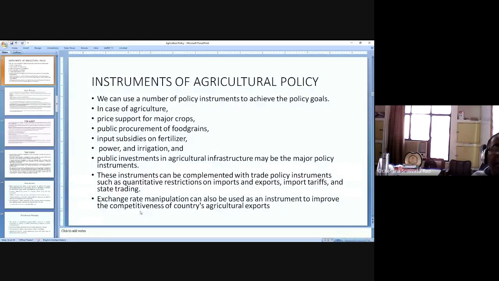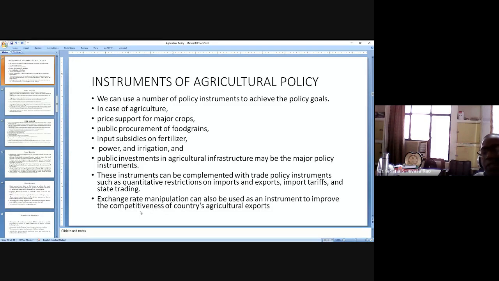In that way also, these trade policies can play an important role in agriculture policy. Then exchange rate manipulation can also be used as an instrument to improve the competitiveness of the country's agriculture exports. Okay, exchange rate, because the rupee value is going down and the dollar value is going up.